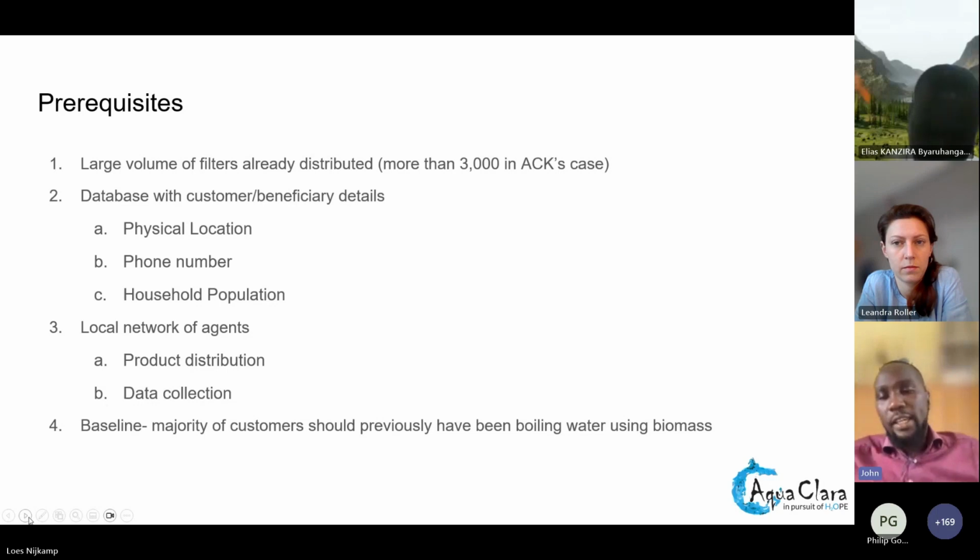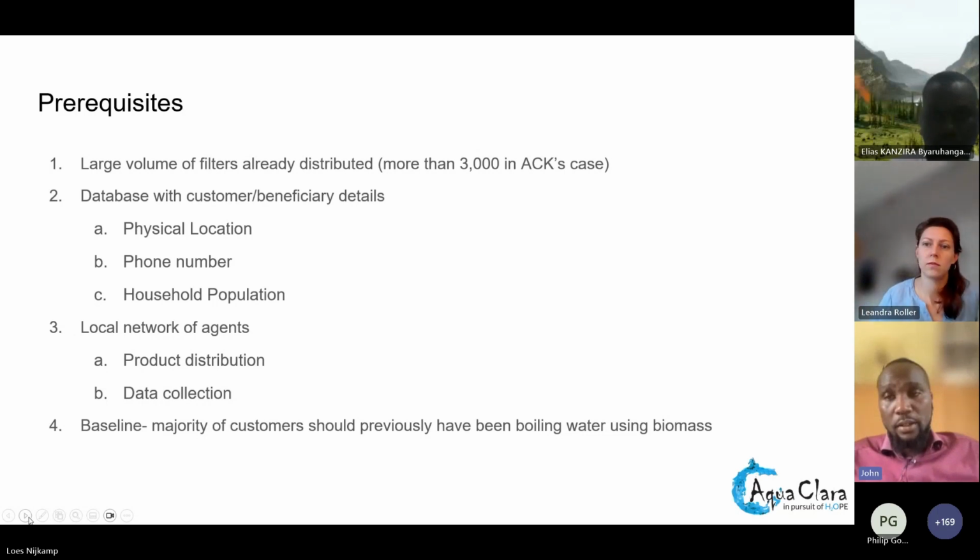If it's a very small scale, it may not be viable because the cost of setting up the project may outweigh what you're going to generate. So it's important for projects that are considering carbon credits to look at the scale, where they're at and how they're going to be able to ramp up so that it's viable and profitable.